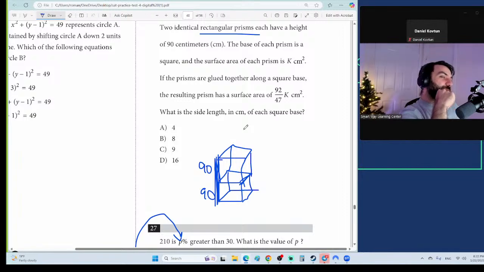Can we work with answers maybe? Why is it 92 over 47? This is crazy.